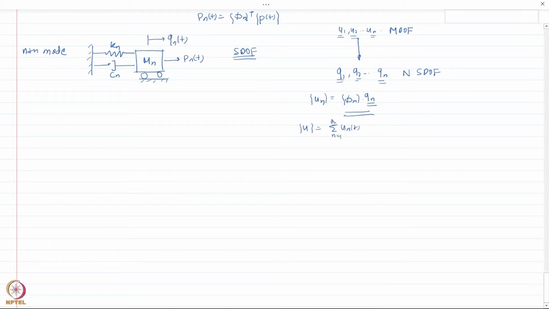So this is how we solve our multiple degree of freedom system subject to any external excitation force. We'll take up one example and then see how to actually get the response.